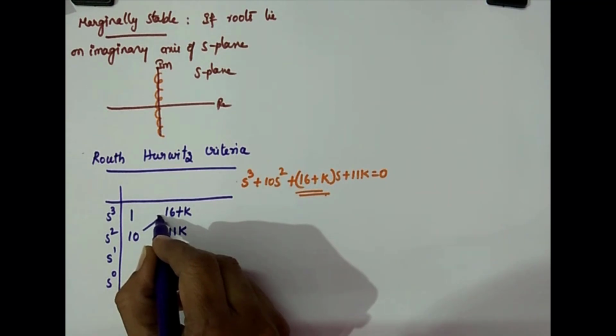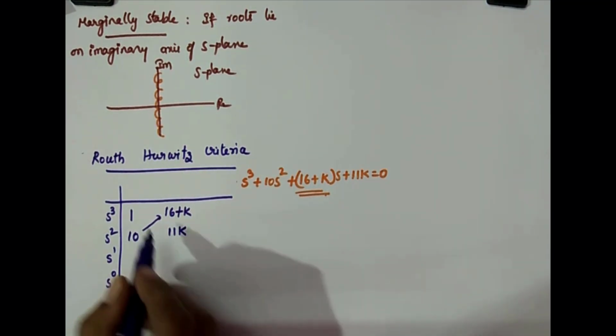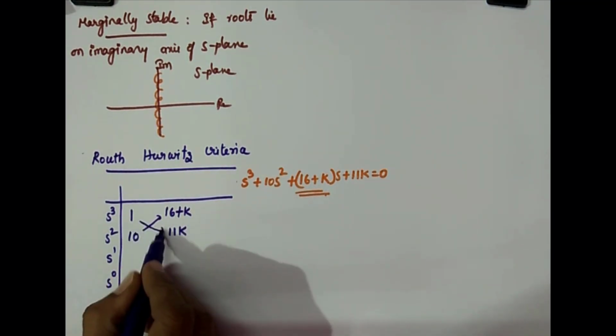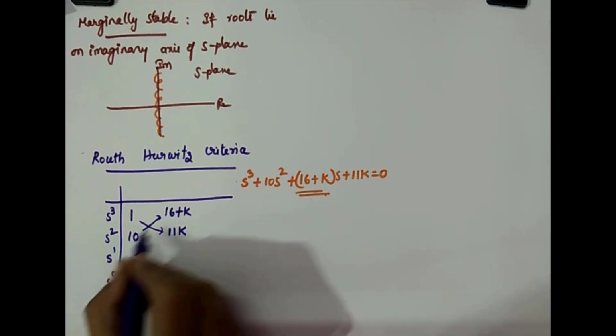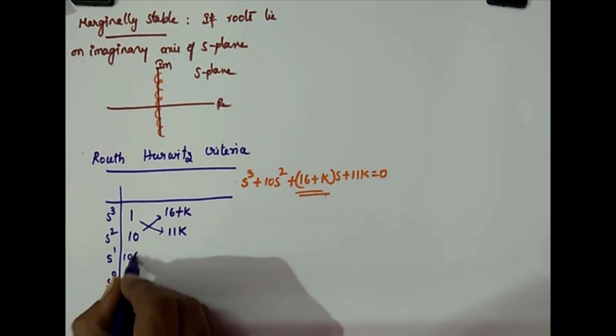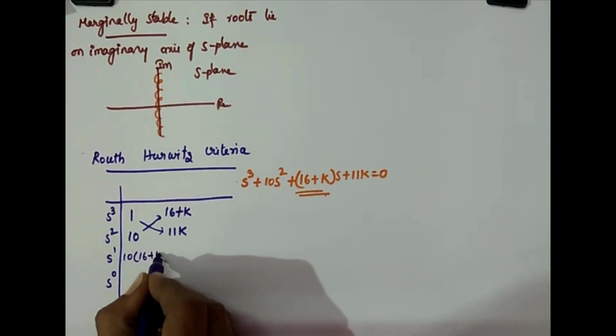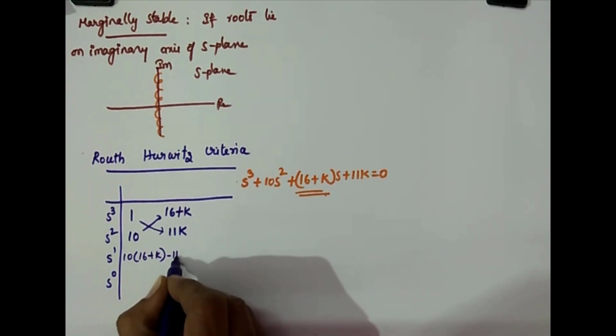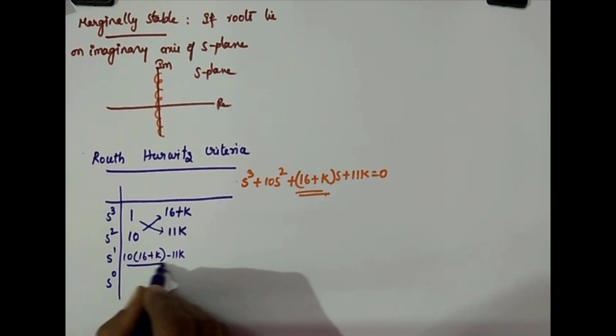Then to get this term, simply do like this, and divide by 10. So this term is (10(16 + K) - 11K) divided by 10.